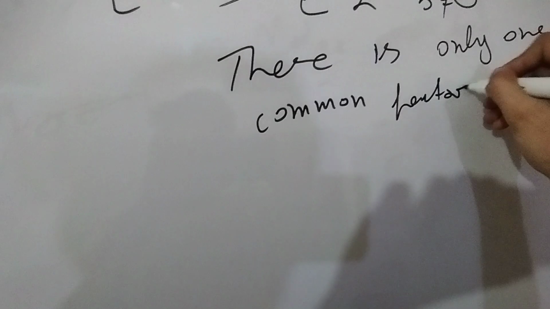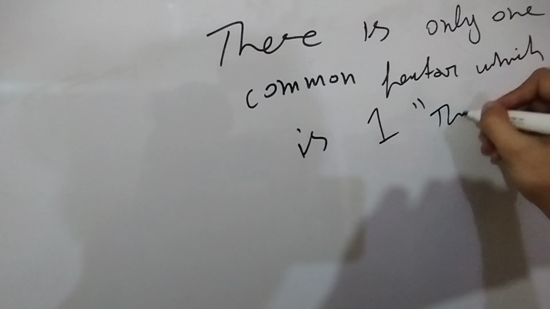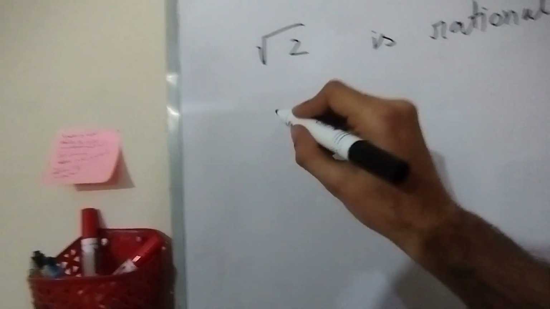so they are co-prime. So to start out, we are going to square both sides.